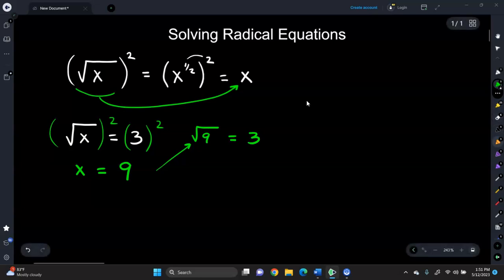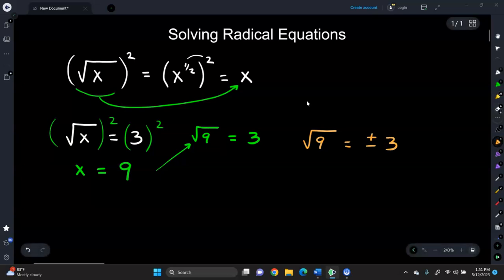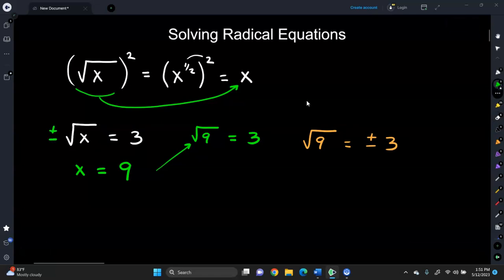Now, you learned in Honors Algebra 2, the square root of 9 is actually plus or minus 3. But when we're solving equations, the absence of a plus or minus here implies that we're actually only talking about the positive square root.